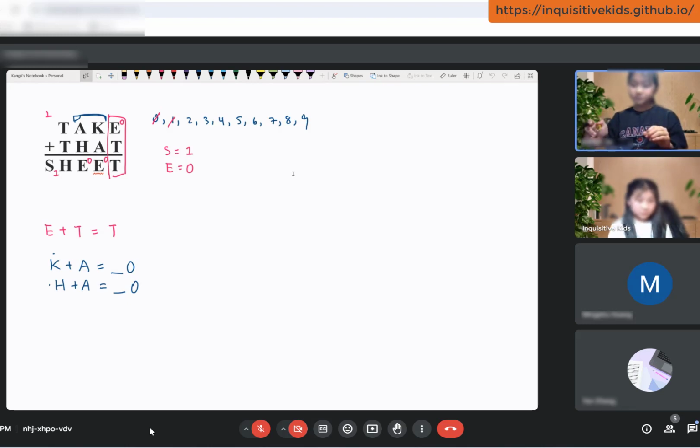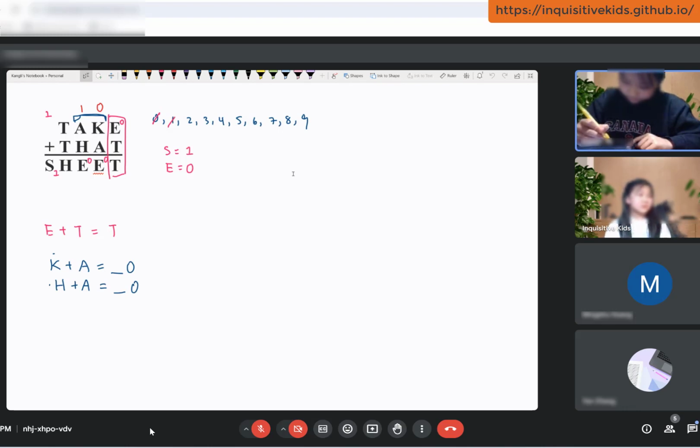So if in the ones place we have E, which is 0, plus a number equals that number, then it means that nothing was carried to the tens place, which means that the carried number must have affected the hundreds place. We need to include this carried 1 in order to make the difference between K and H.